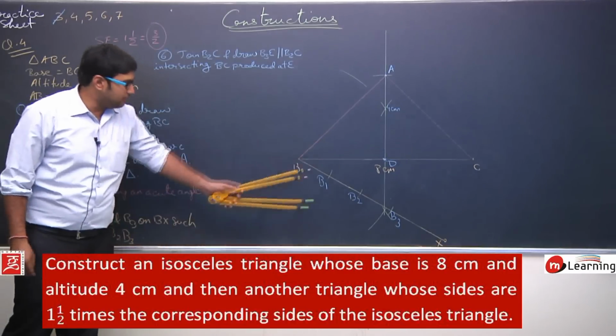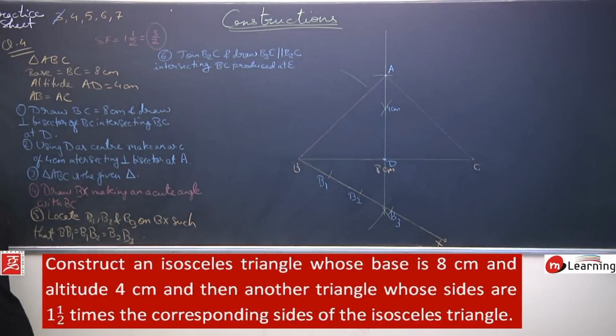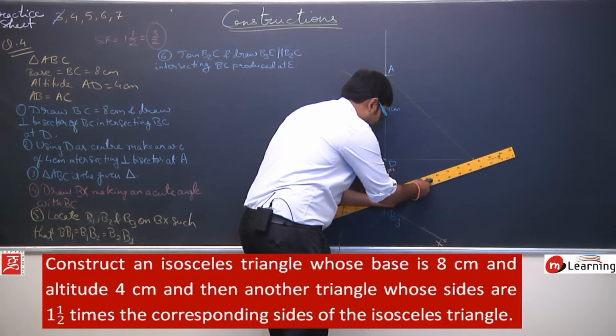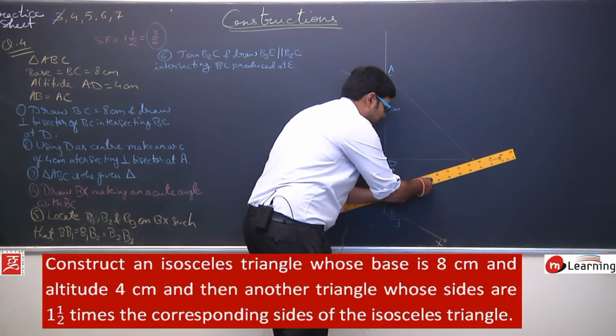So what I will do? I will first join B2C. So let me join the B2C. So this is B2 and this is point C, and I will join the 2 points.